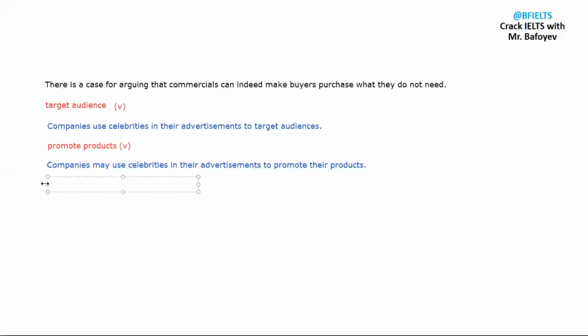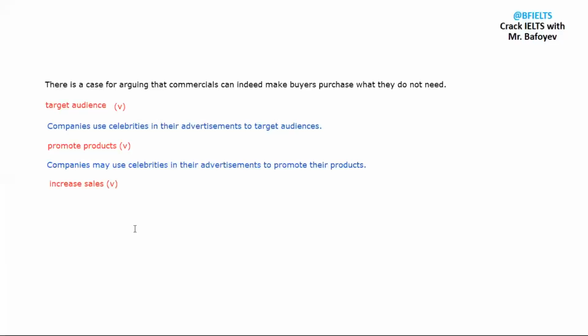Another word that you can use here is increase sales. Again, increase here is used as a verb. And I think I don't need to provide you with any example here, again, the same sentence can be used.